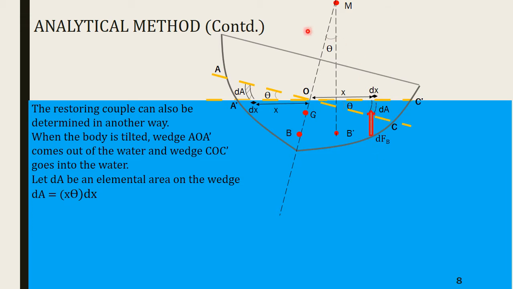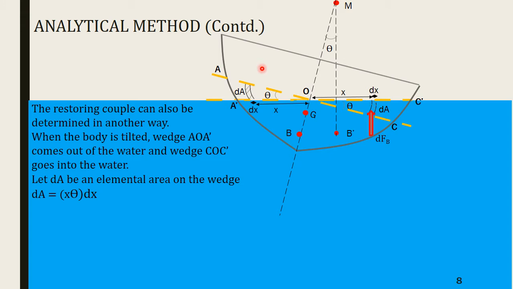Now, in the initial case, when the boat was horizontal, the dA on the wedge AOA dash was also subjected to a force dFB. However, when it came out of the water, this dFB has disappeared. This buoyant force no longer acts on this area dA.